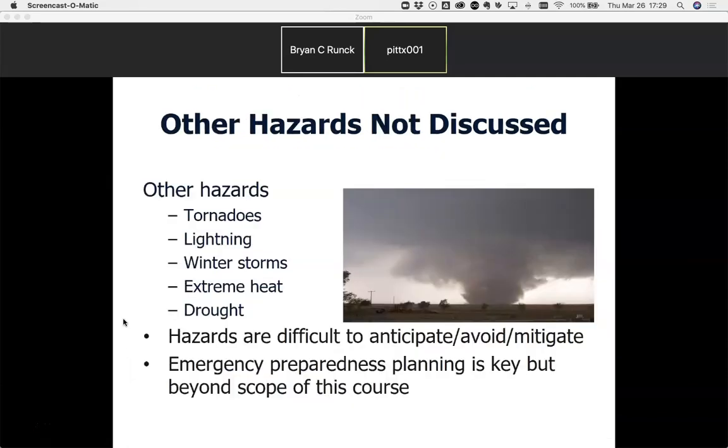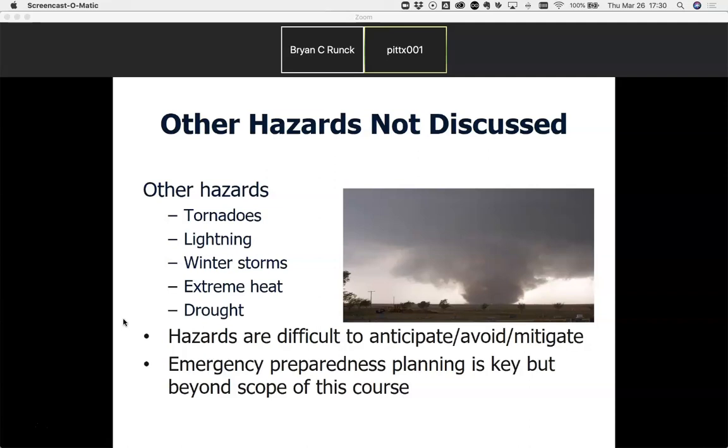There are several other types of hazards that we could talk about: tornadoes, lightning, winter storms, extreme heat, drought. And some of these hazards, especially in Minnesota, such as tornadoes and winter storms, are particularly significant. However, these hazards tend to be difficult to anticipate, avoid, and mitigate.